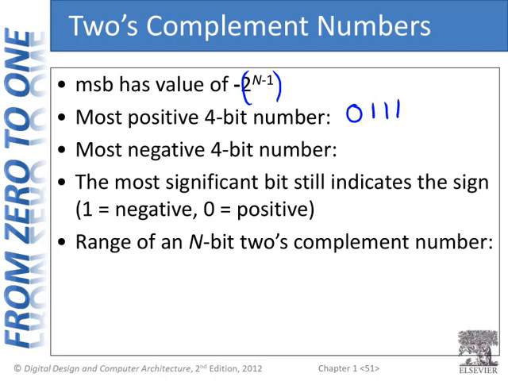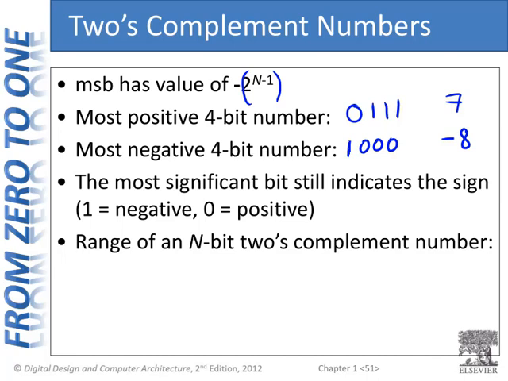So the most positive 4-bit number is 7. For the most negative 4-bit number, we'd want to put a 1 in the minus 8's place, and we wouldn't want to add any positive numbers to that. We want to keep it the most negative number. So the most negative number we can represent is minus 8, minus 2 to the 3.